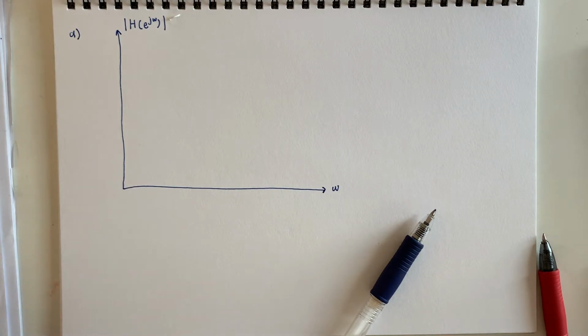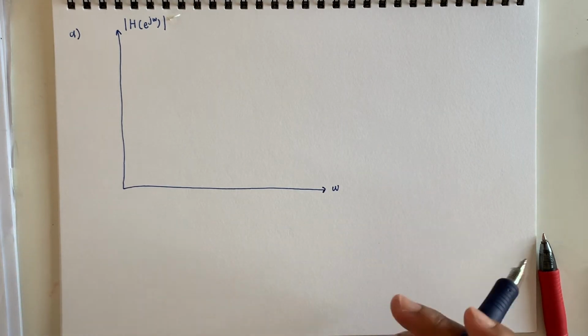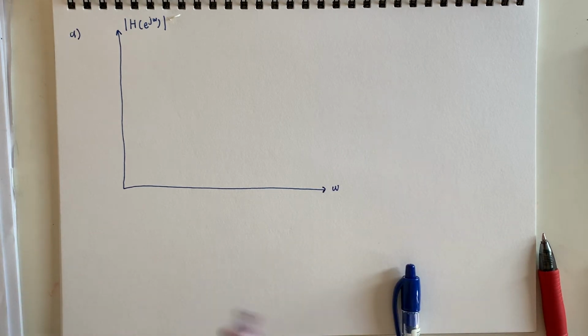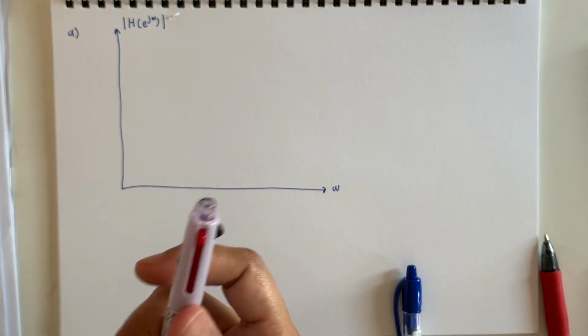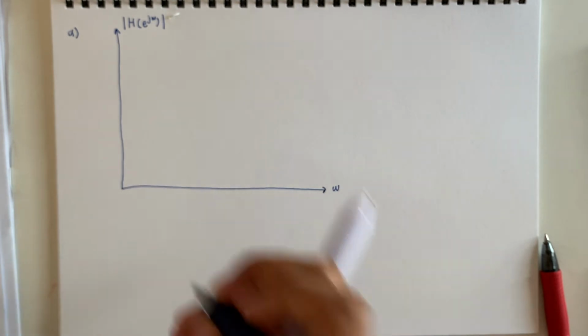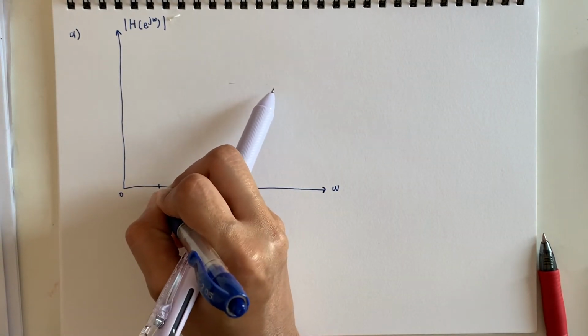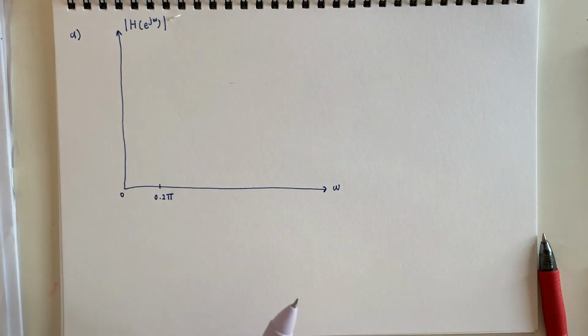Now we are going to design the filter. First, our values go from 0 to 2 pi, and from 0 to 0.2 pi.